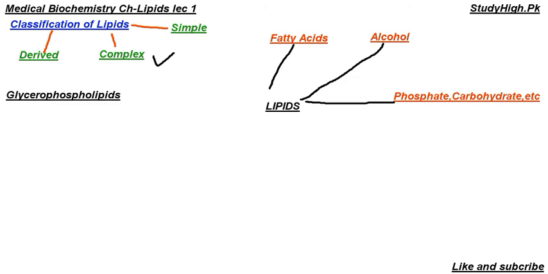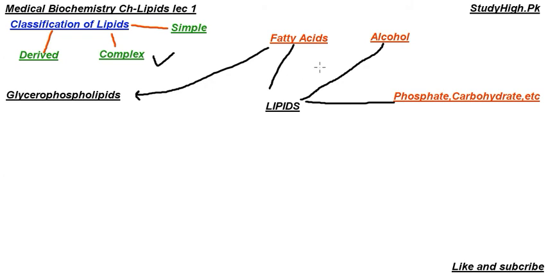First of all, we will study glycerophospholipids. What are the constituents of glycerophospholipids? Their detailed structure we will study in our coming lectures. Glycerophospholipids first consist of fatty acid as the first component.